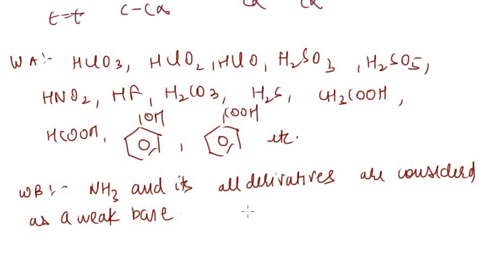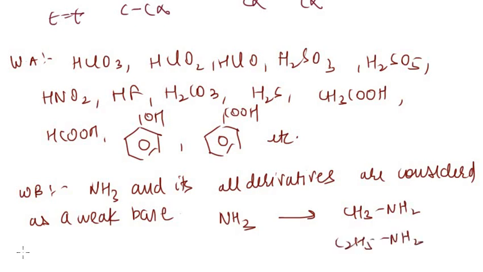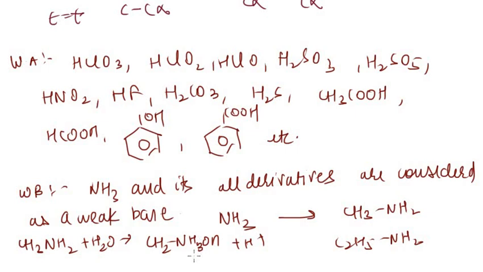So what are the ammonia derivatives? Like amine, we have ammonia gas. Now if we remove one H and put an alkyl group, C2H5NH2, these are weak bases. Like CH3NH2, when we react it with water, we write it as CH3NH3OH, or it will give OH minus, right?